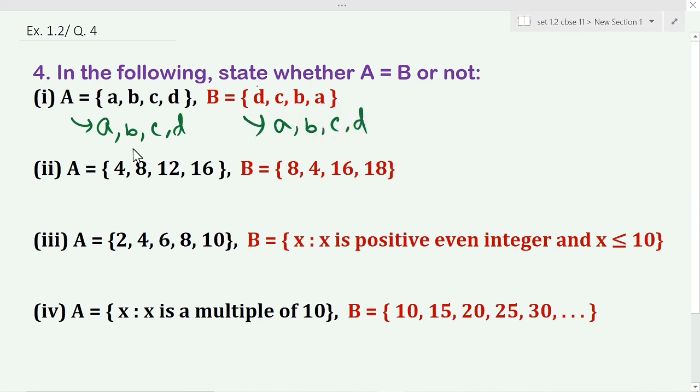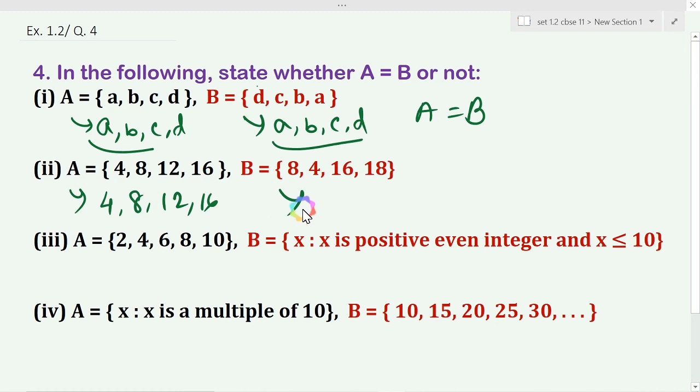So we see that A and B contain the same elements, so we say that A equals B.